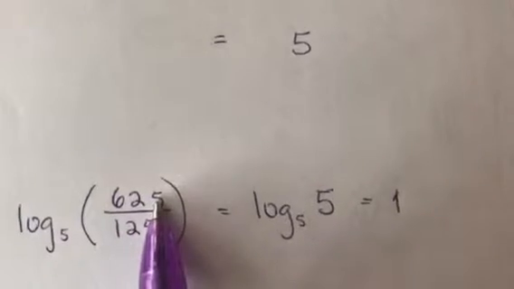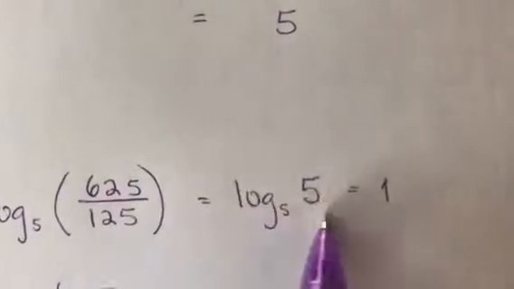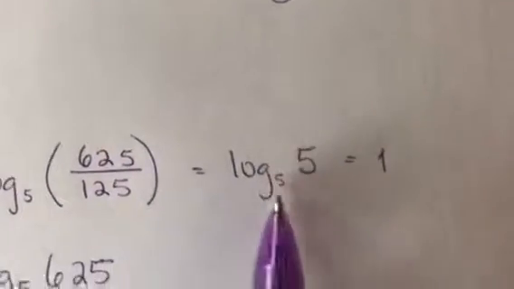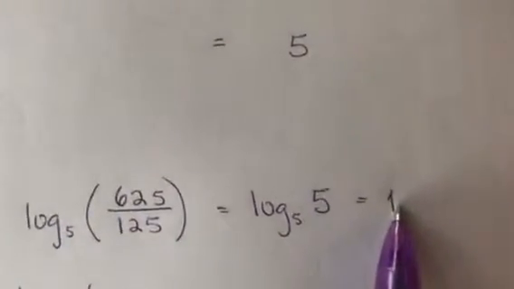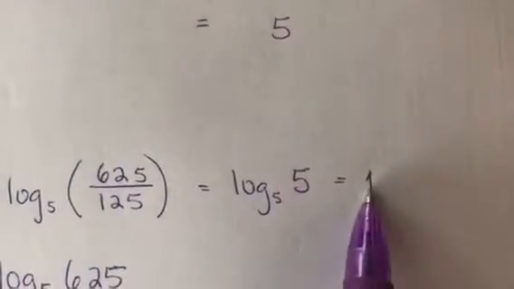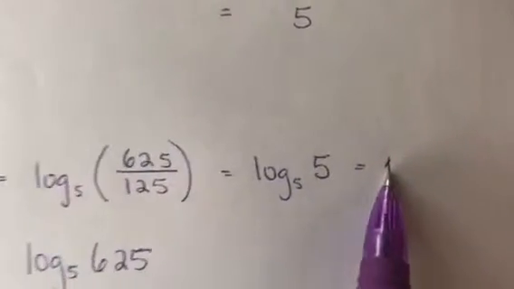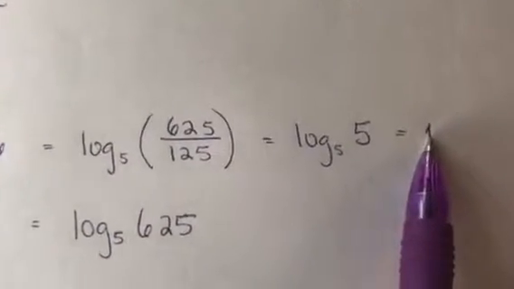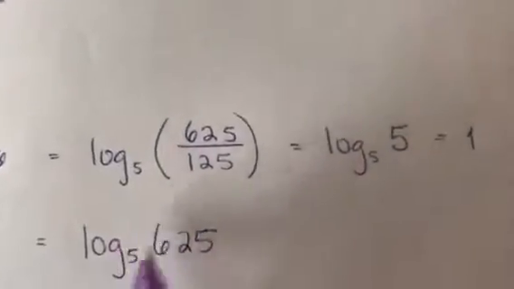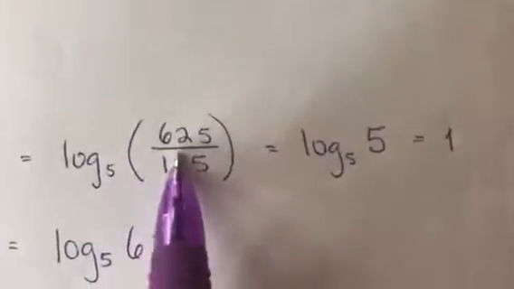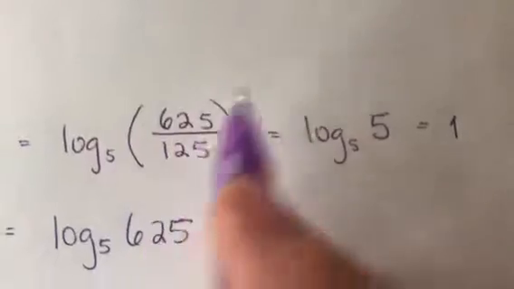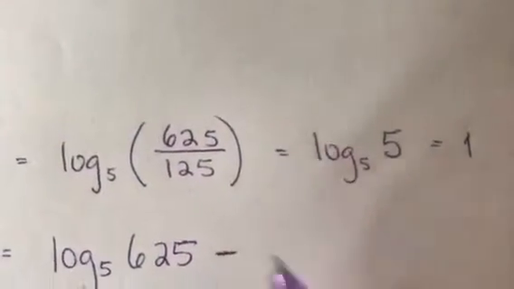But by the way, 625 divided by 125 is 5. And I know the log base 5 of 5 is 1. Why? Because 5 to the first is 5. And remember, when these are the same, it always equals 1. Love that little property if you can remember it. So this property says that if I'm dividing, I can split it up by subtracting them.